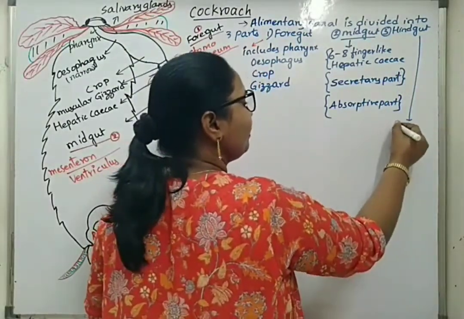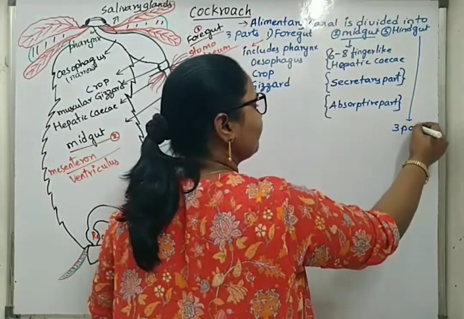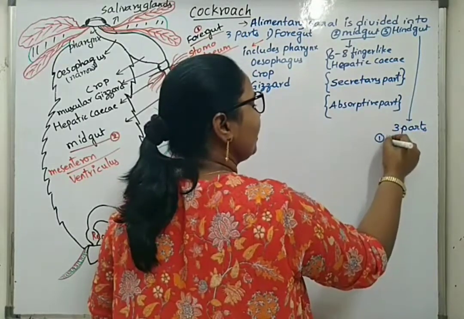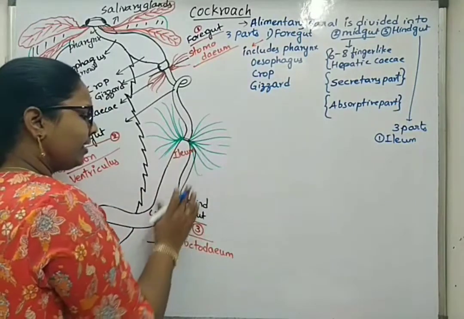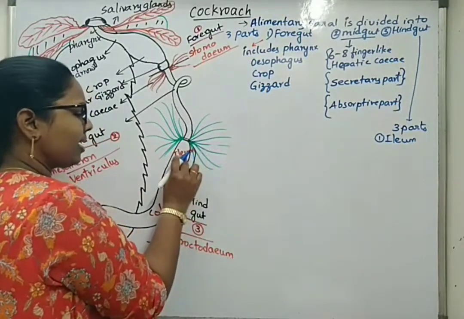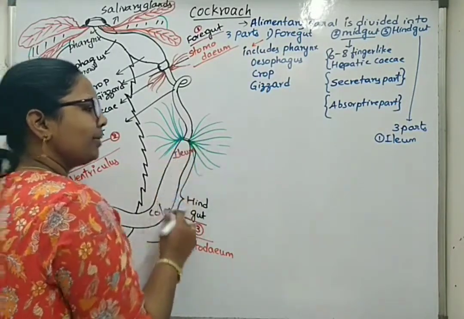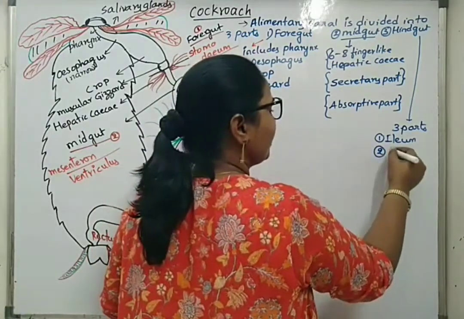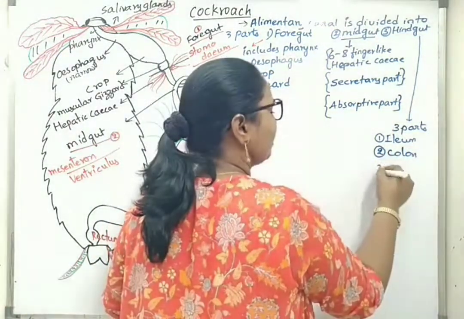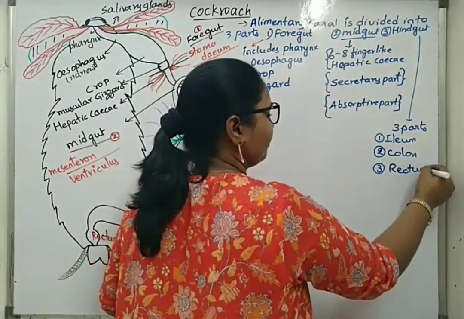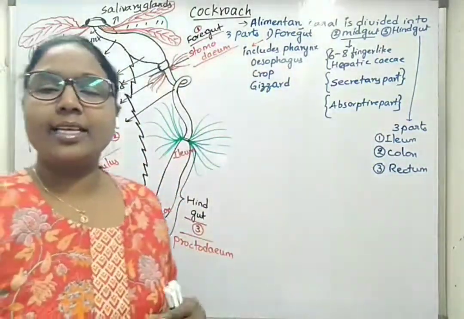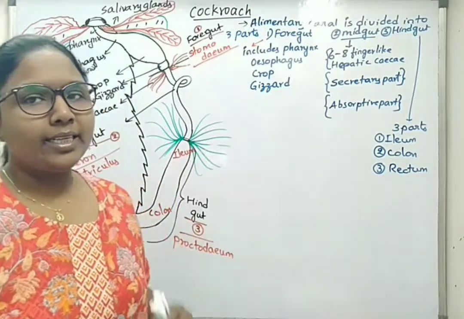Hindgut is having three parts. One is ileum. In the hindgut, this is considered as near to the Malpighian tubules. Next is colon. The third one, rectum. So the alimentary canal extends between mouth and anus.